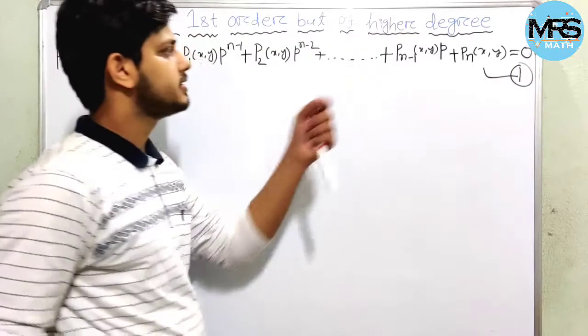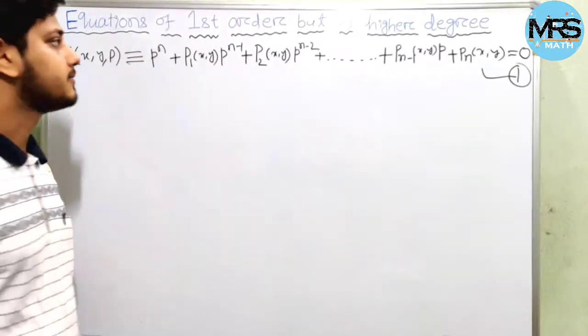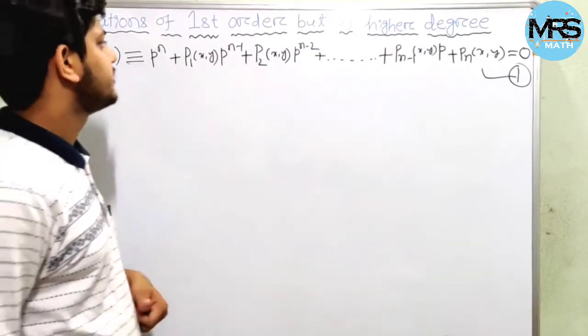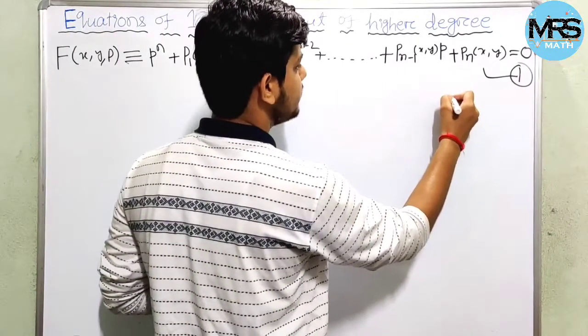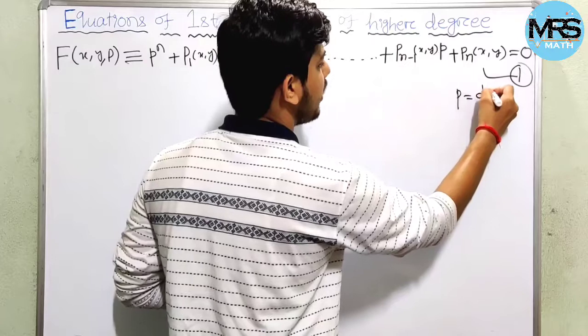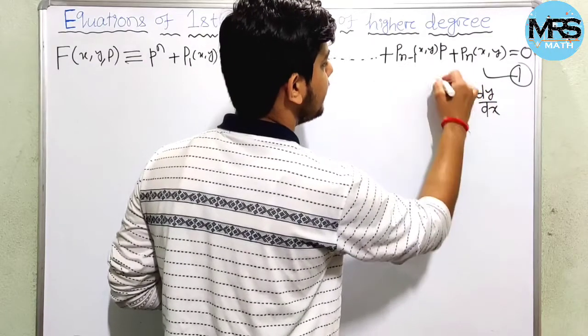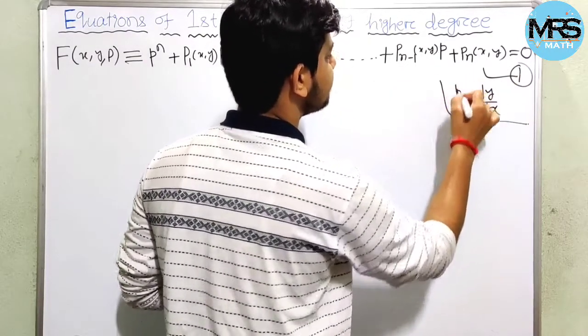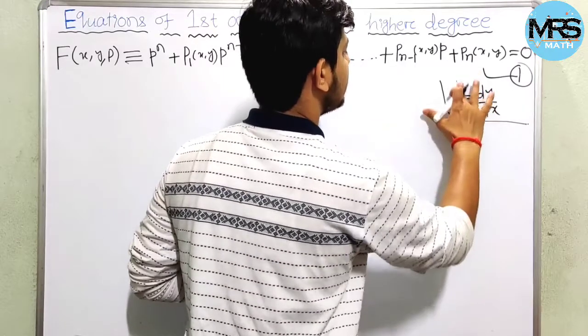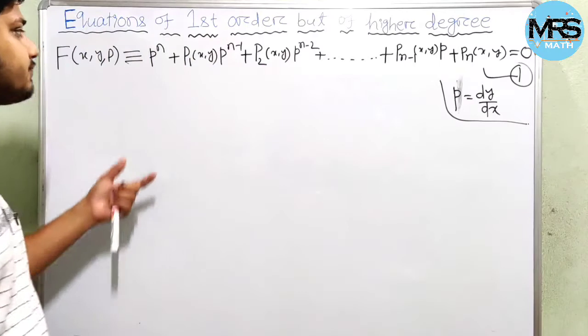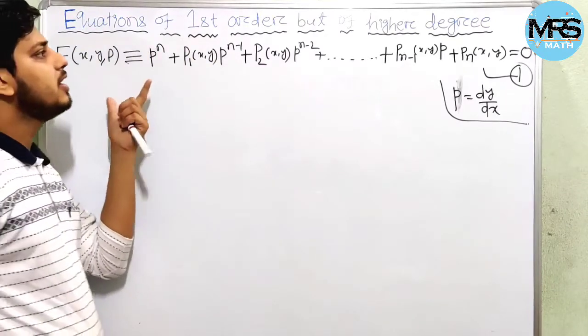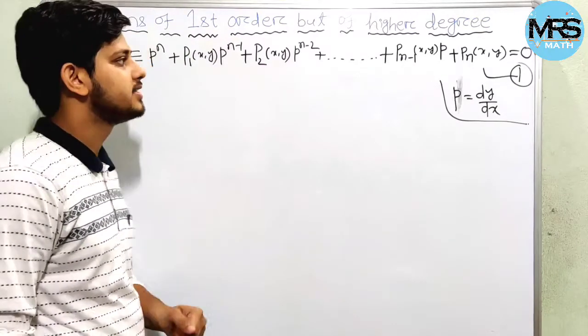You can take this as equation number 1. Here the small p represents dy by dx. So this is a first order higher degree differential equation.